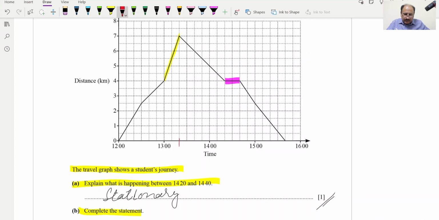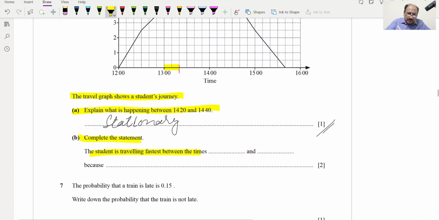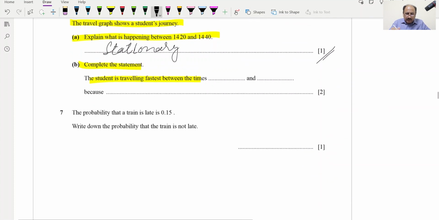So this is 1320. So we can write here, this will be 1320, and our answer will be 13 and 1320, because gradient or slope, gradient is steepest.